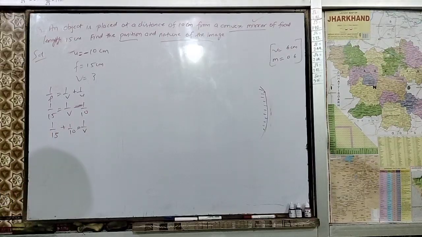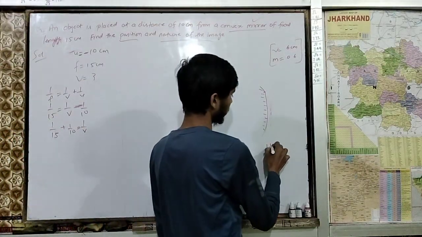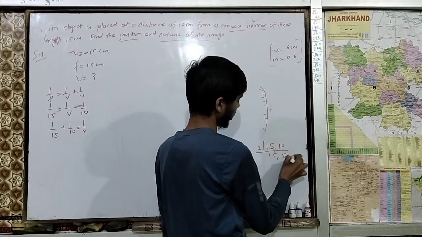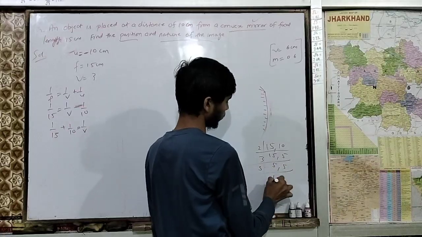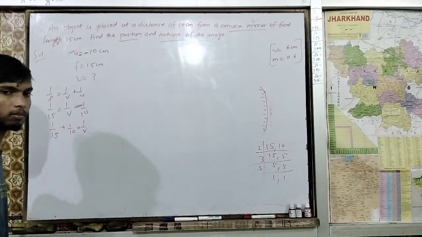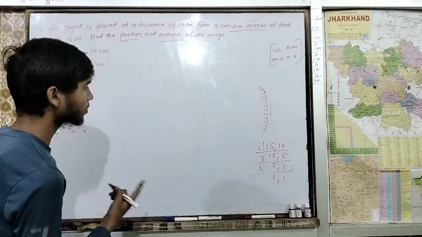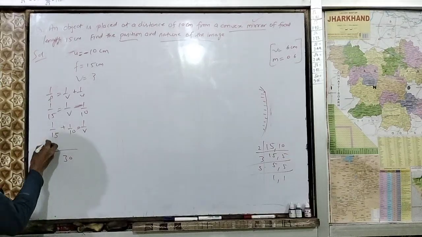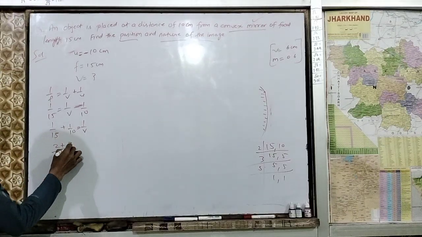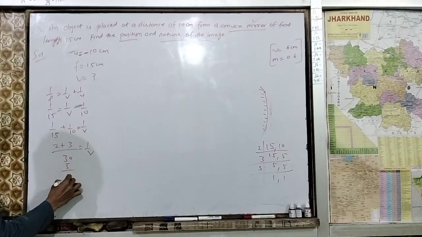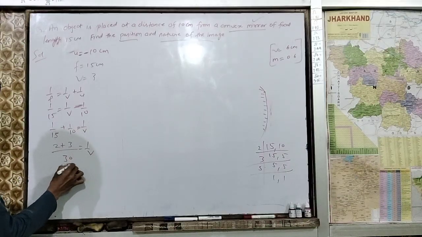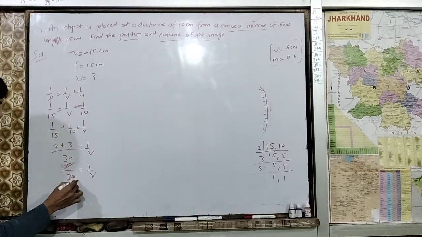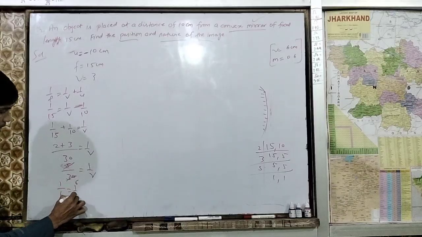Now 15 and 10, the common denominator is 30. 15 twos are 30, and 10 threes are 30. So 2 plus 3 gives 5 upon 30, which equals 1/v. 5 sixes are 30, so 1/6 = 1/v.